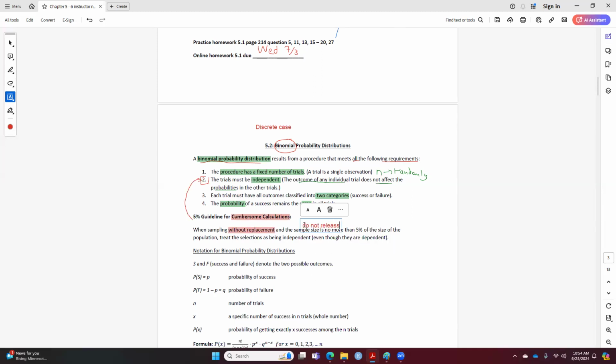Without replacement means that you pick someone and you take them out. For example, if I have this class and I want to pick 2 students without replacement, I pick the first student, John, and John will not be put back into the pool.